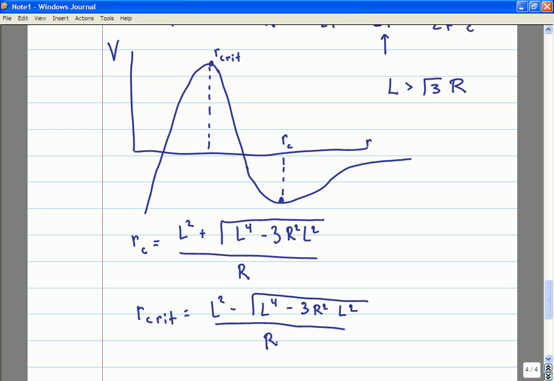And you can immediately see that when L is equal to the square root of 3 times R, those two turning points coalesce, and the behavior of the potential will change.